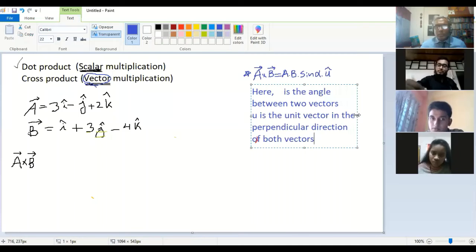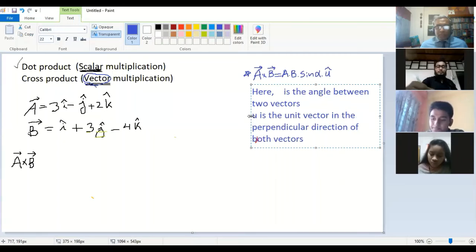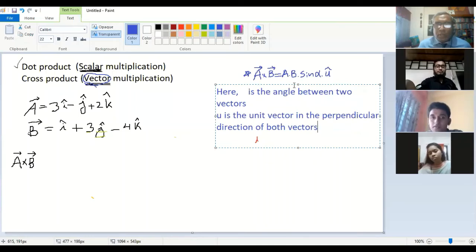I will explain, and try to understand what is written here very clearly. If you cannot clearly understand this, then it will be hard to memorize and hard to work.